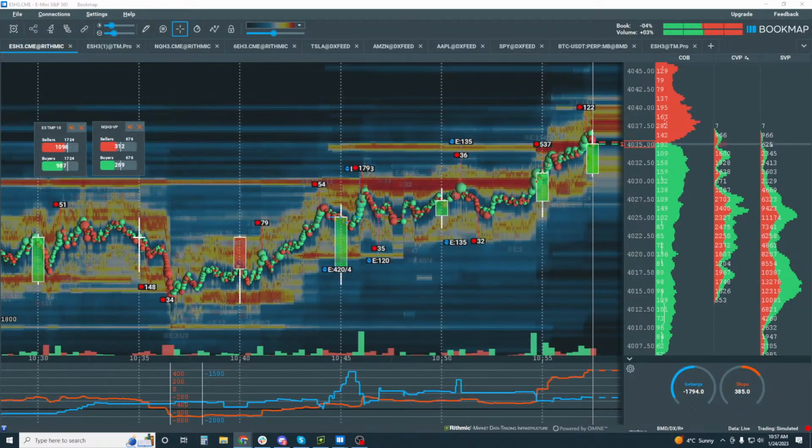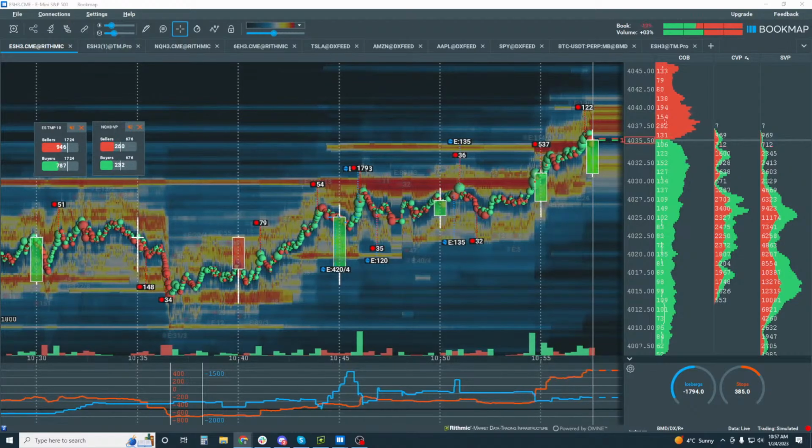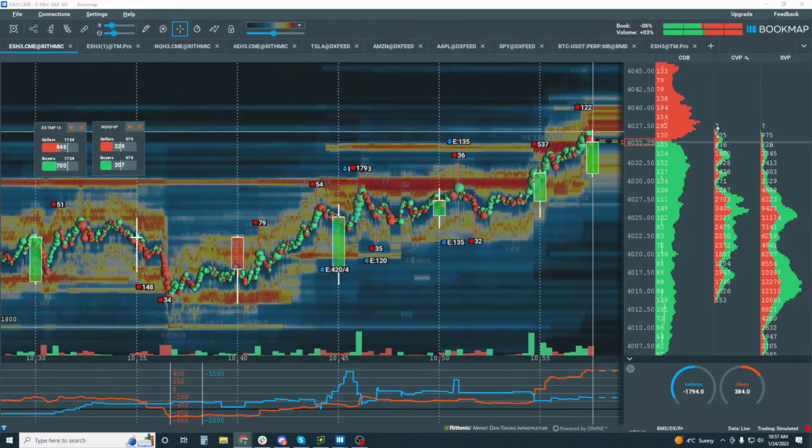Let's ask it. Do you trade candlestick patterns? Since that's what we're going over here. So get your vote in.